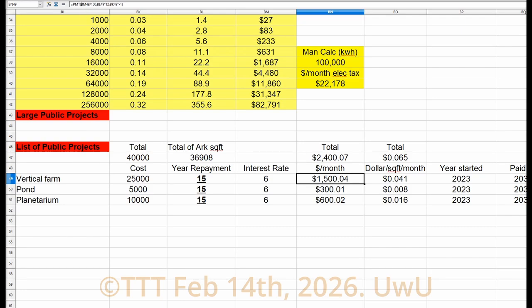It took me so long to find out that this formula actually existed, PMT. So here's the mortgage for all of this debt, and then you just divide by 37,000 and you get your dollars per square foot per month, and then you just add them up. And this is how you calculate your large public projects cost.